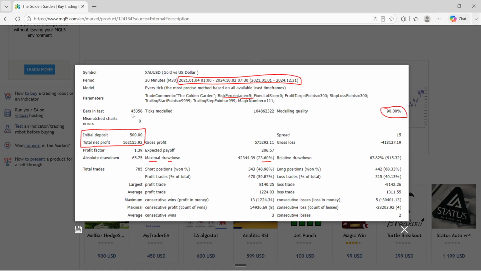For an initial deposit of $500, there was a total net profit over the period of $162,155. The profit factor was 1.39 and the drawdown was 23.60%.